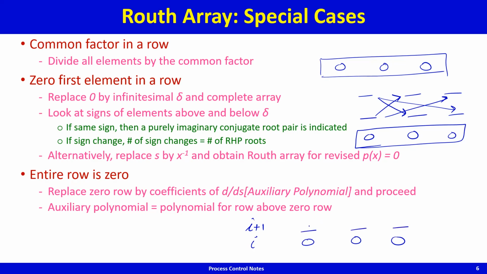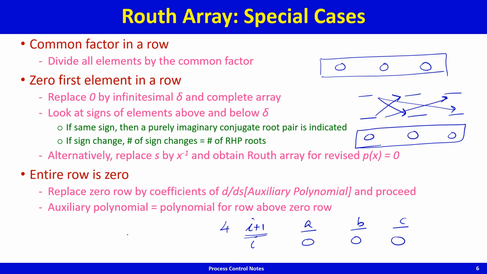Let us say the elements are A, B, and C. Usually, almost always i+1 will be an even number. So let's take an even number. Let's say this is s to the power 4.